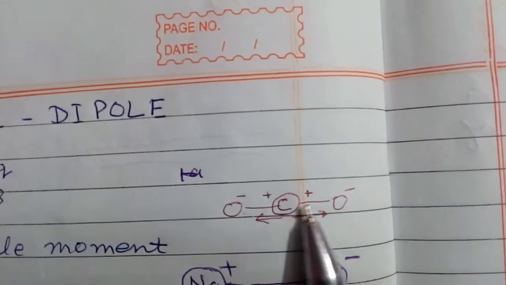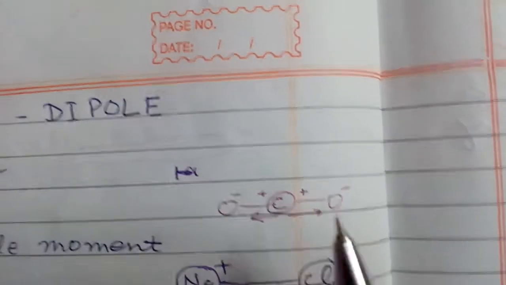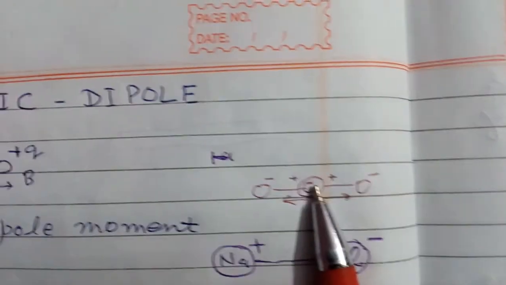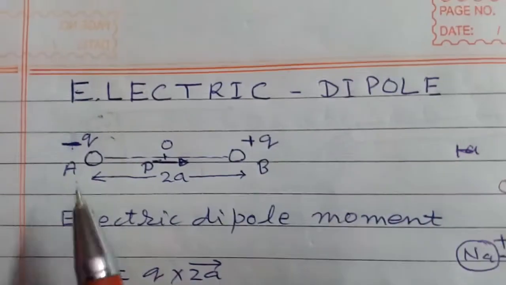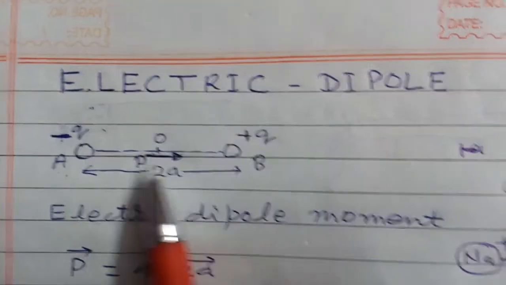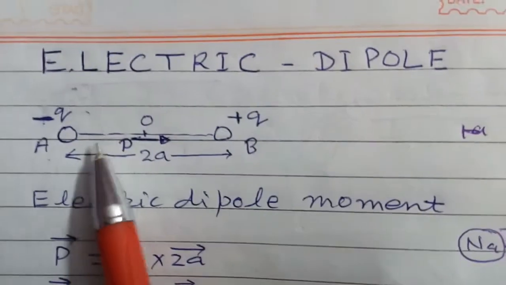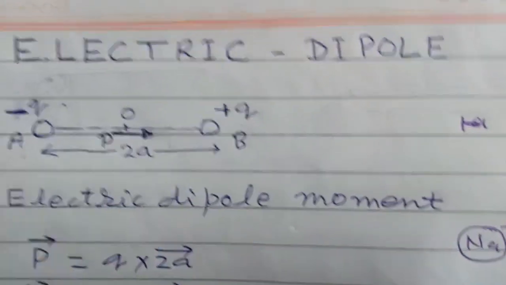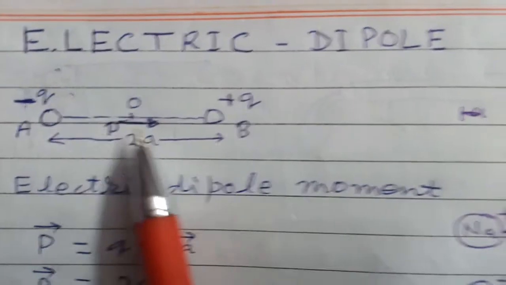No, listen carefully. Since this is plus and this is minus, so dipole moment is from minus to plus charge. Electric dipole moment is a vector quantity and its direction is from minus to plus q charge, not from plus to minus. Its direction is minus to plus charge.